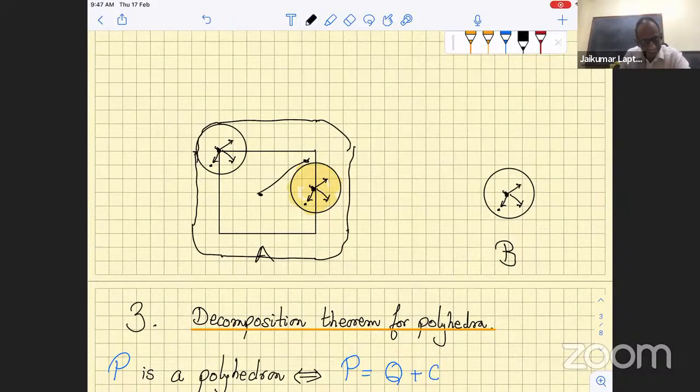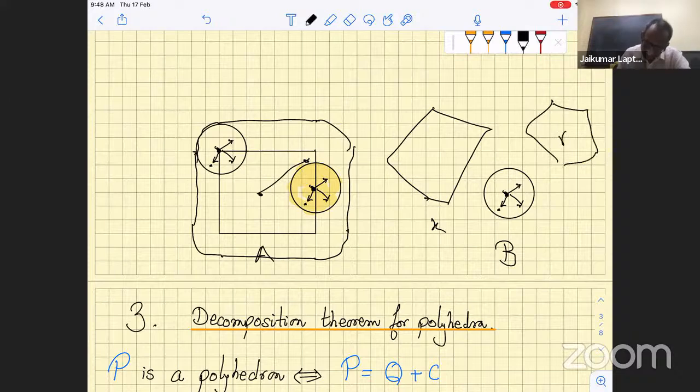Is that clear? Suppose you have a polygon with k vertices and another polygon with r vertices, and you move this polygon over this polygon. You will get a polygon again.